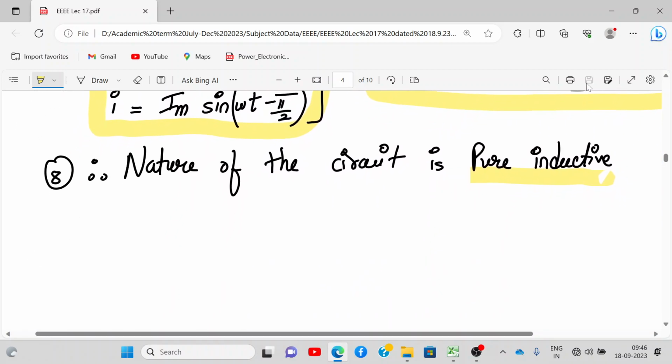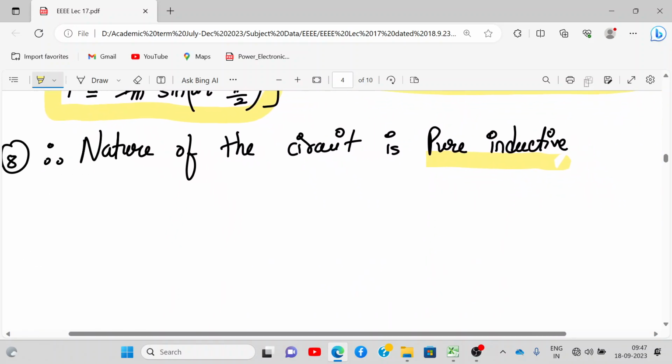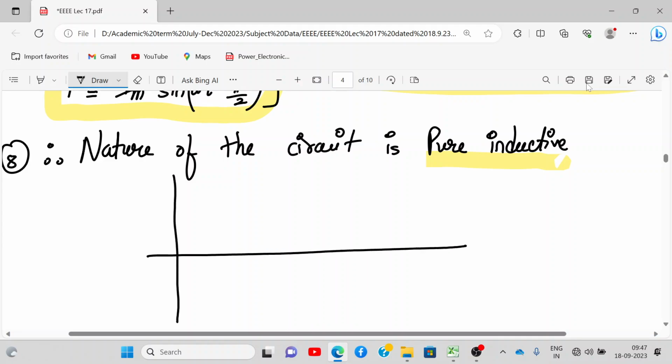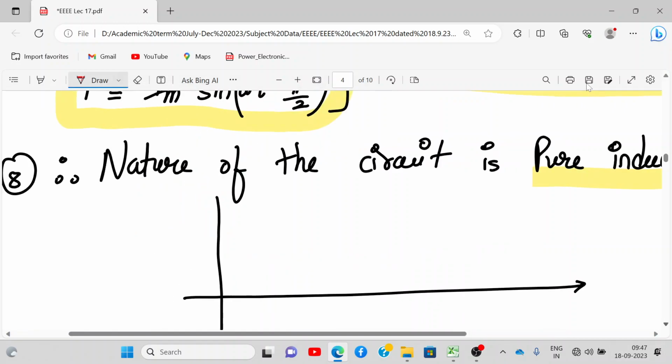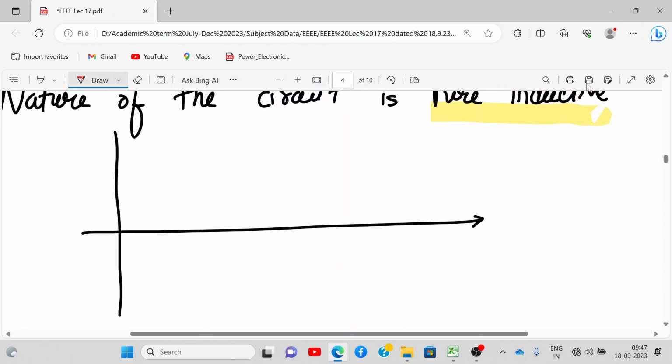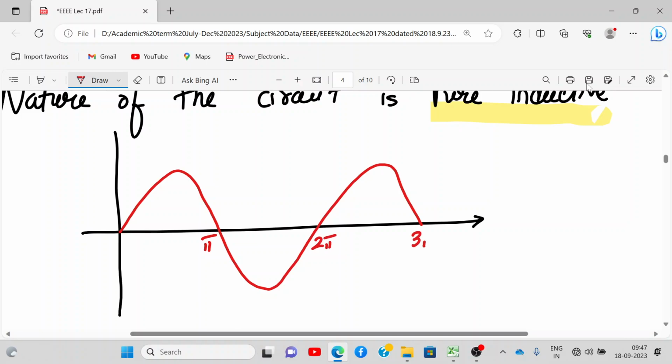Okay, now the waveforms. How will I draw the waveforms? So let me first draw the voltage, a normal sinusoidal waveform. This is pi, 2 pi, 3 pi.